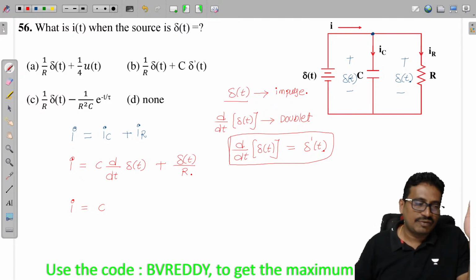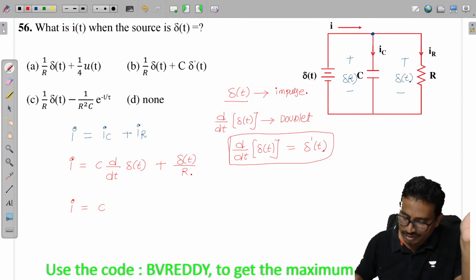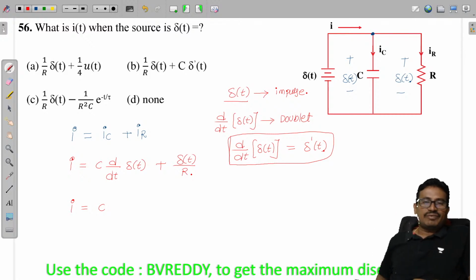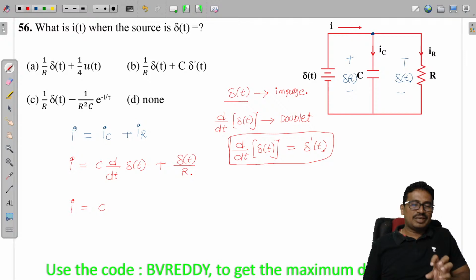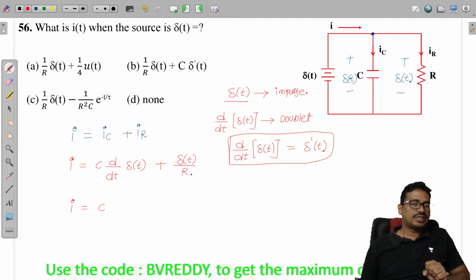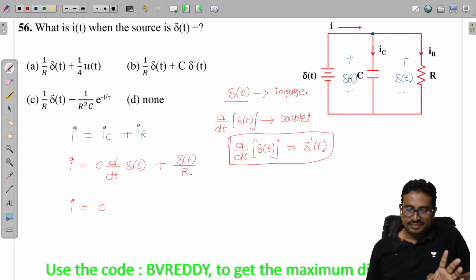The derivative of an impulse signal is called a doublet. You will get more clarity about the doublet signal in signals and systems, when we discuss signals.